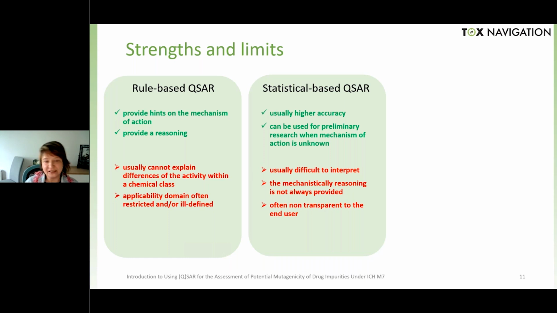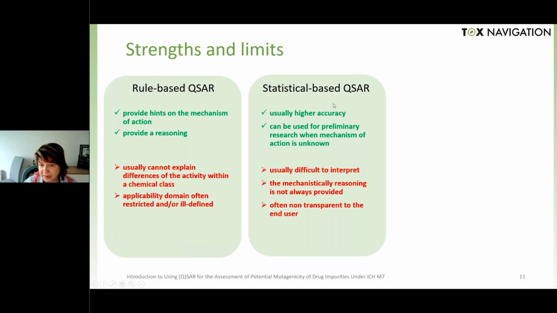it is really a negative prediction. The statistical-based QSARs, on the other side, have as a strength the fact that there is usually higher accuracy, so they are able to explain different activities within the same chemical class. So the limit of one is the strength of the other approach.